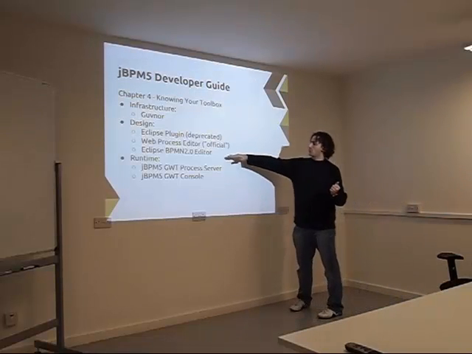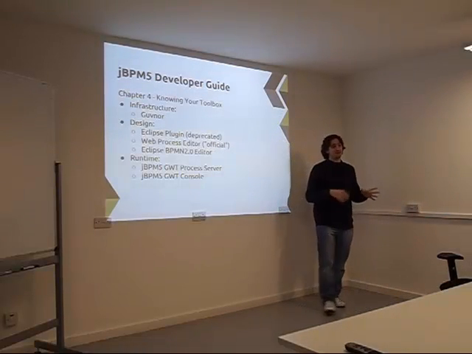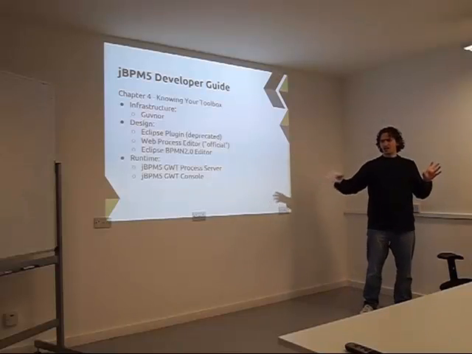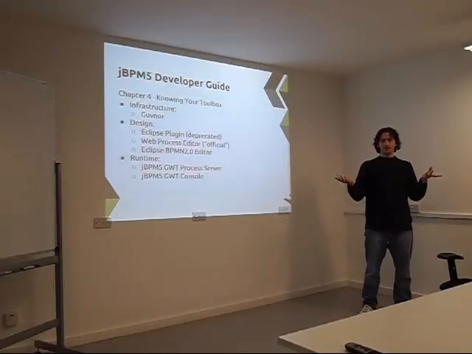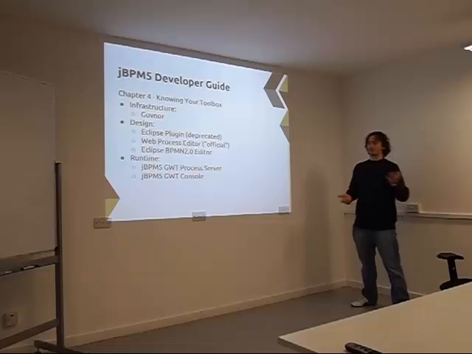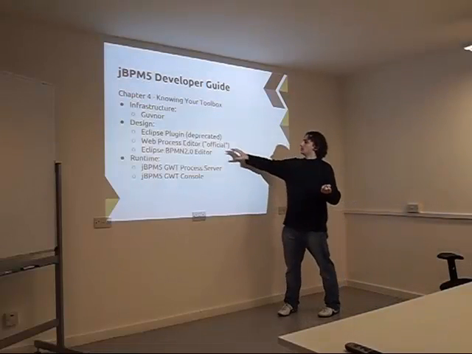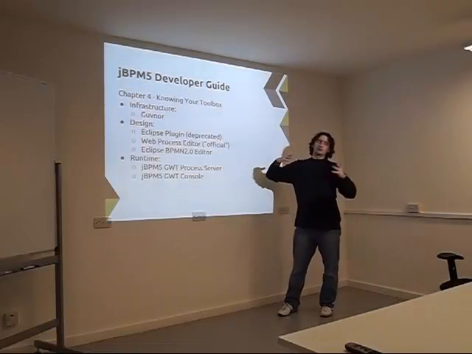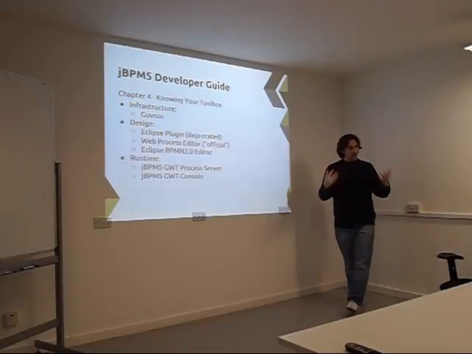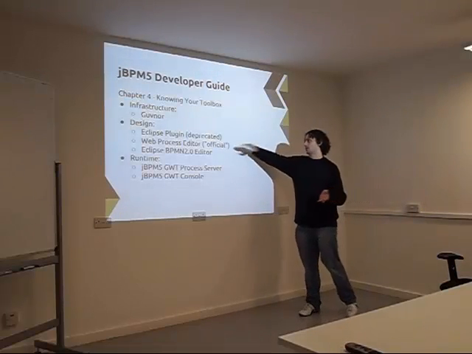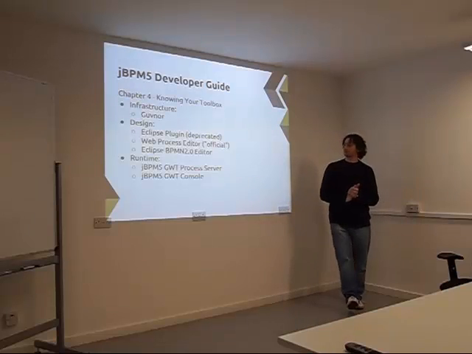But this is not being developed by the jBPM5 team. It's a different team inside JBUG. I'm not sure if supported or not from Red Hat or JBUG. So today, if you want to use jBPM5, I would recommend you to use the web process editor.